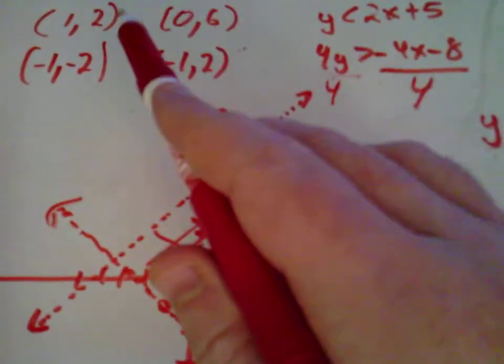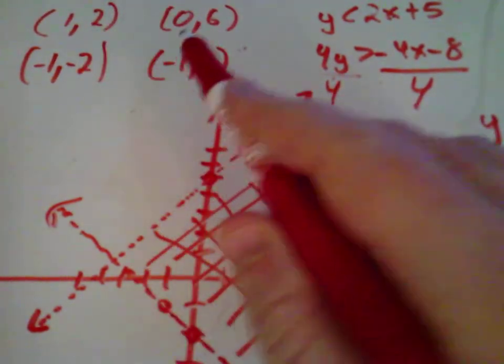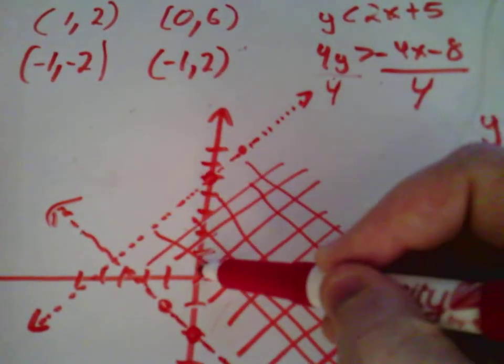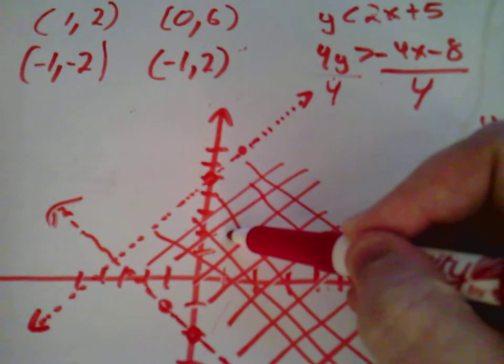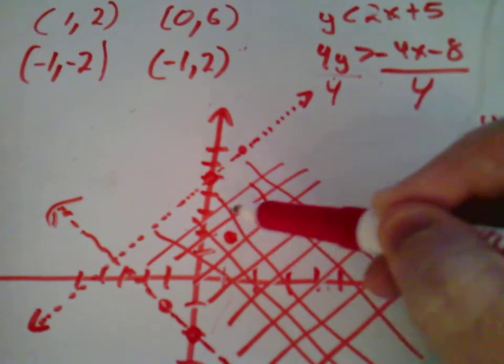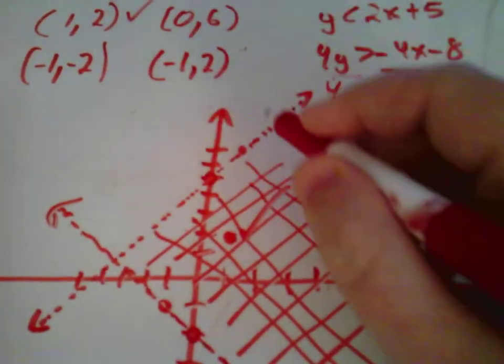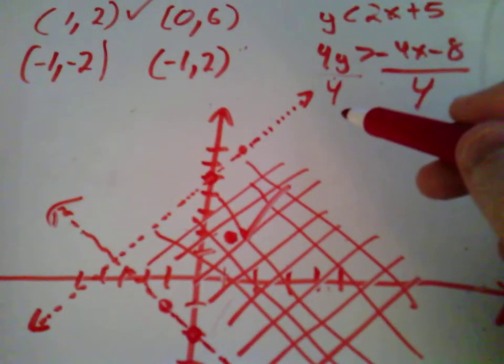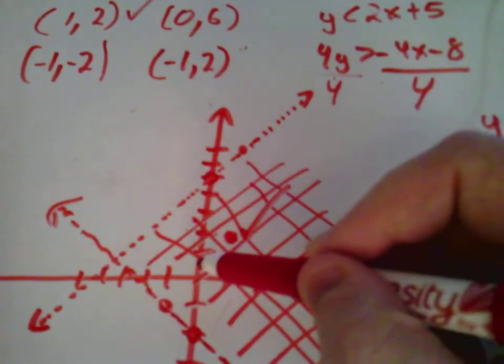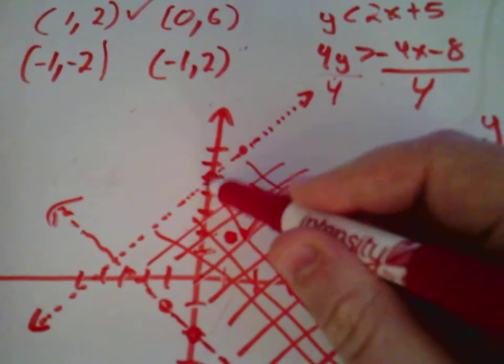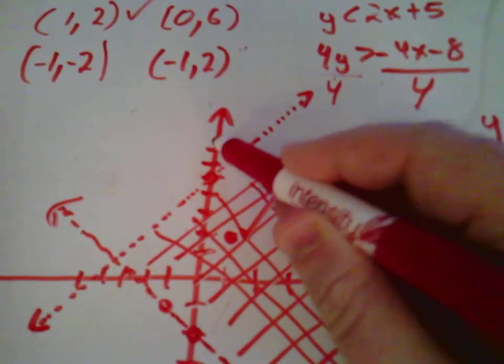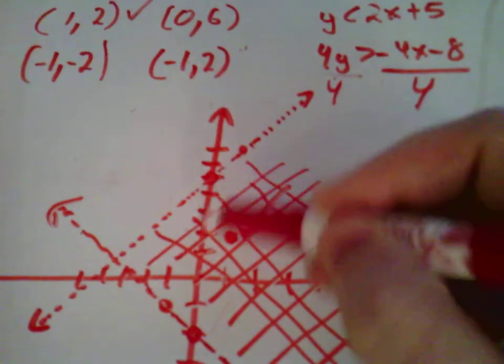Let's go back to our 4 options for numbers 2, 3, 4, and 5. Is (1, 2) part of the solution set? Sure is. That's easy to see. Check, that's true. Number 3, is (0, 6) part of the solution set? No, it's not inside this area over here.